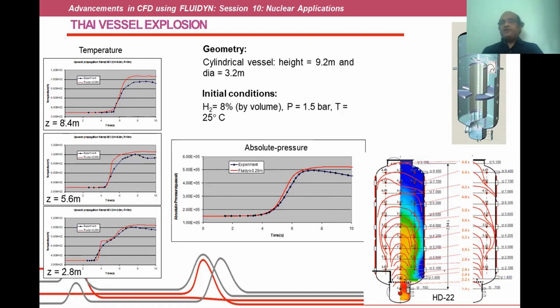But if you look at the flame itself, typically the flame thickness is 1 millimeter. If you look at the flame of a candle, the thickness of the flame is only 1 millimeter. The flame is not what you see from outside, but only the region where the chemical reaction is taking place.